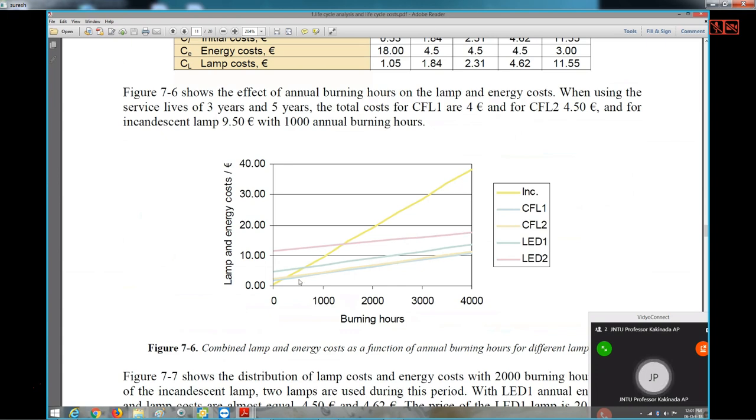Out of these, CFL lamps occupy the lowest energy consumption. So this is LED 1 and this is LED 2, and this bottom one is the CFL lamp.